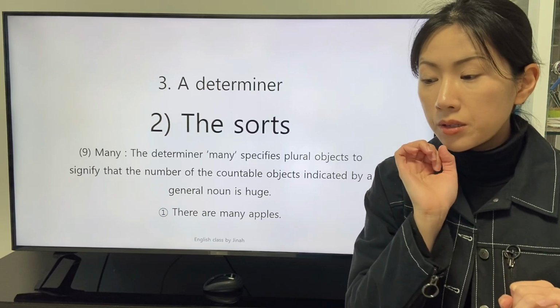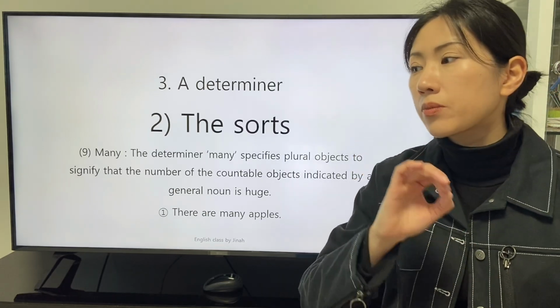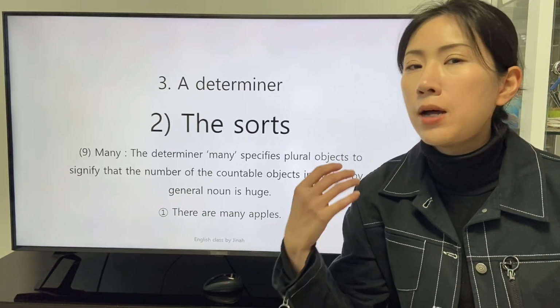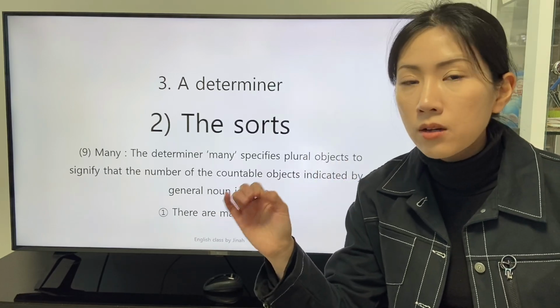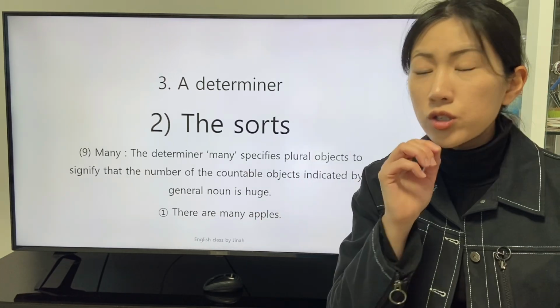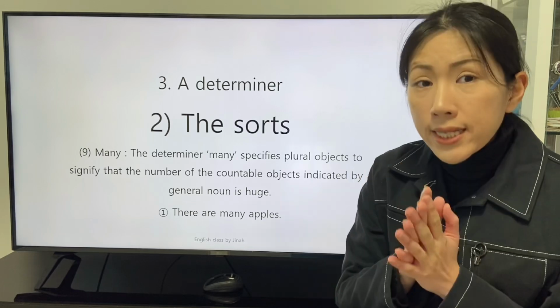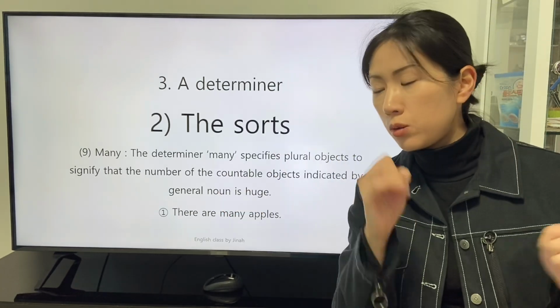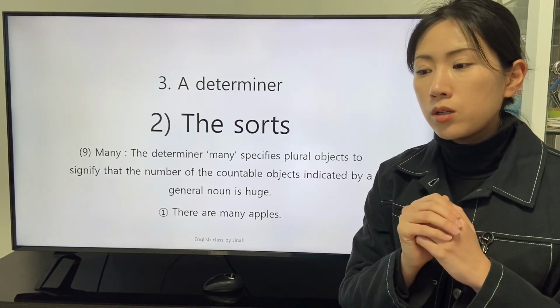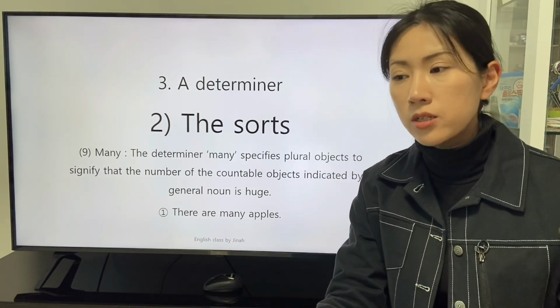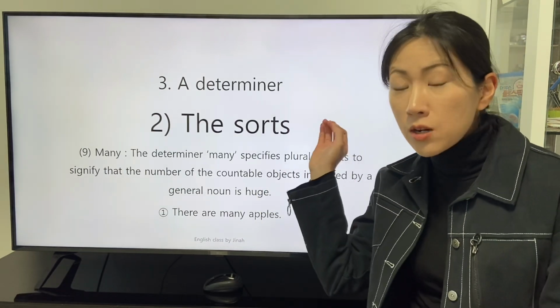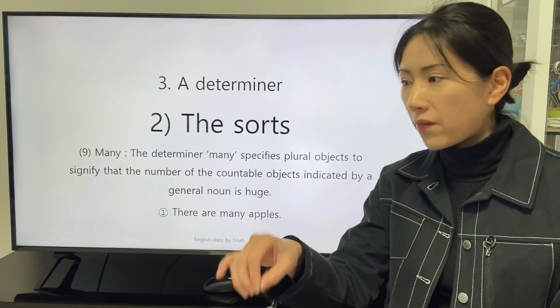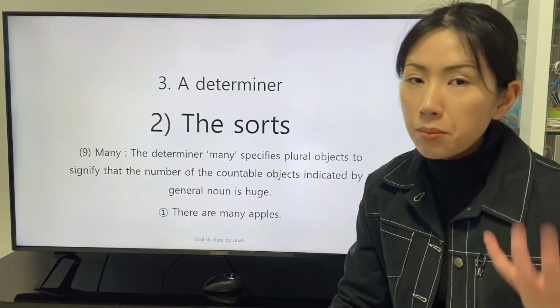The determiner many lets us know about the premise of the speaker to consider what number is huge or little. You can know the numerical standard of the speaker with the determiner to specify the object with a number.